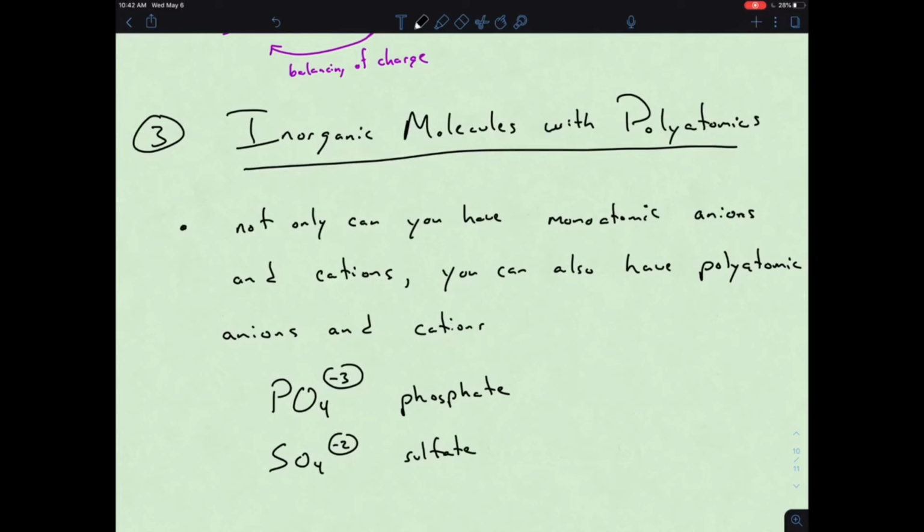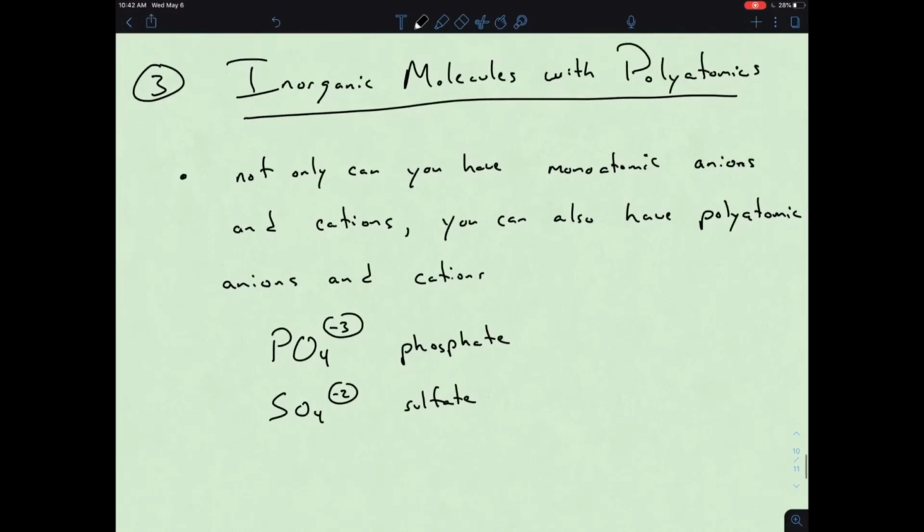Notice that these are basically nonmetals, more than one nonmetal. That's actually starting to make maybe a submolecule, if you will, or a substructure to the inorganic molecule that we have. Another example, just to put it on the positive side as well, we have what's known as ammonium.